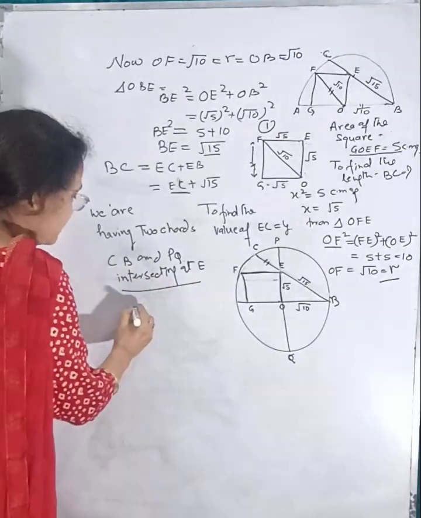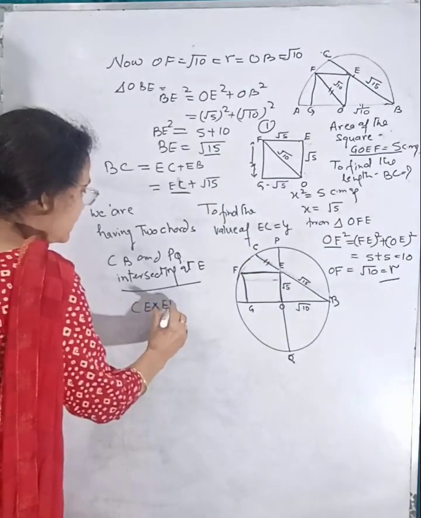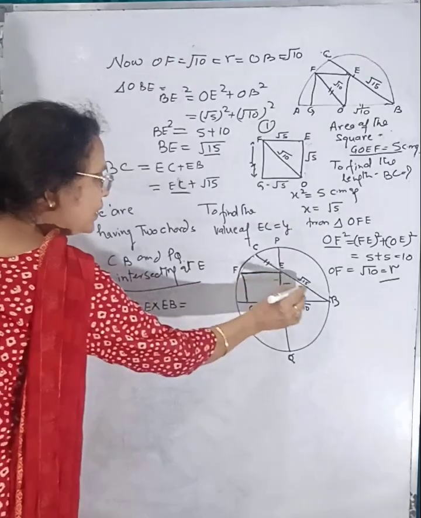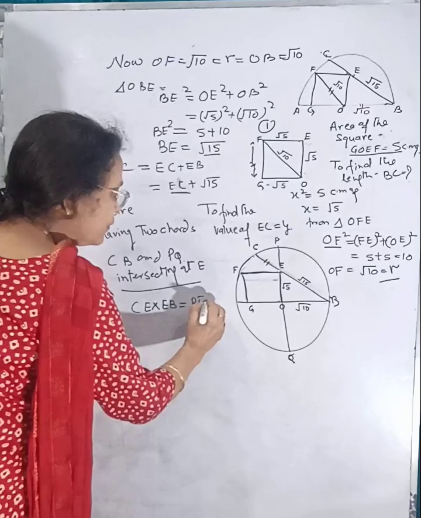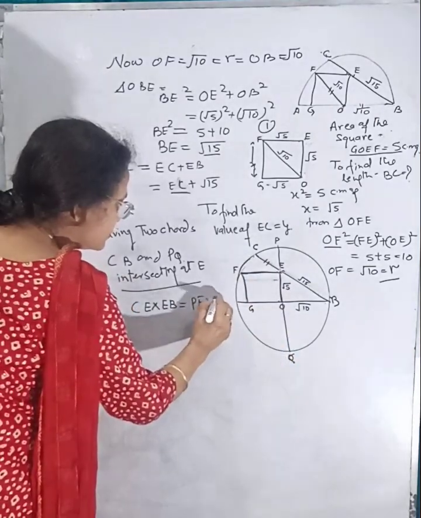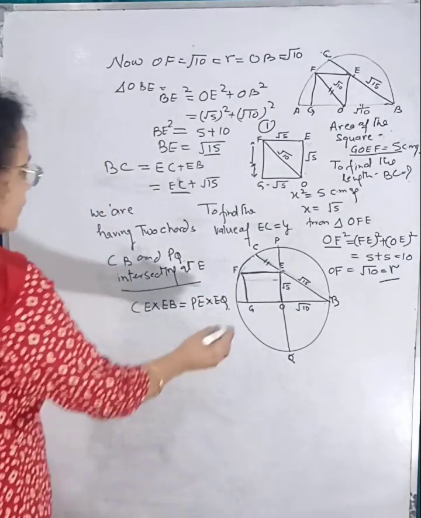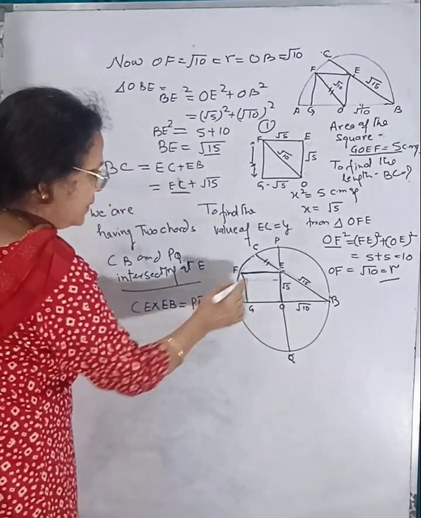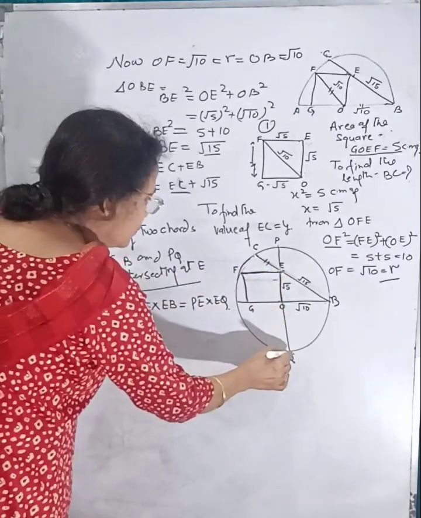As per this, CE into EB is equal to PE into EQ. Now EQ is equal to what?